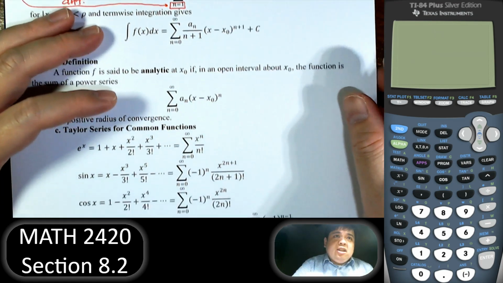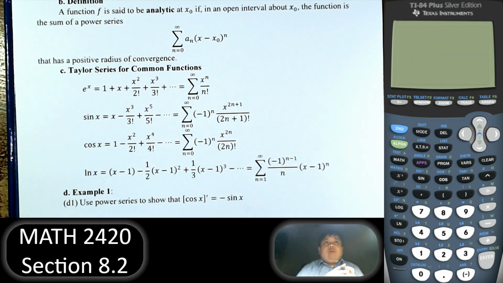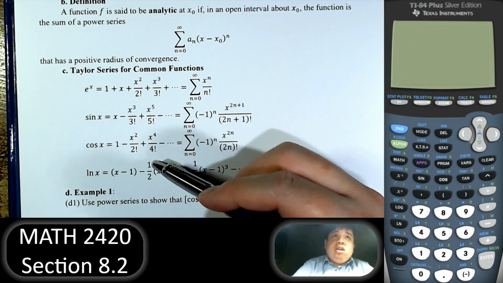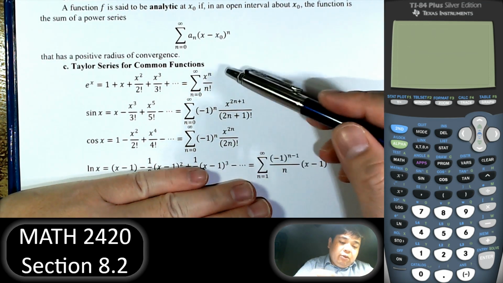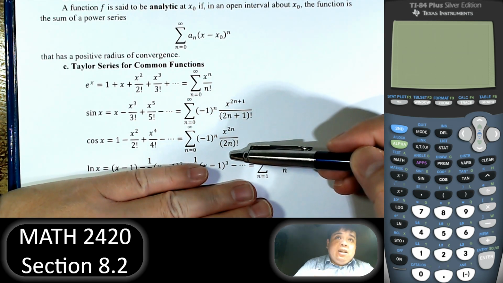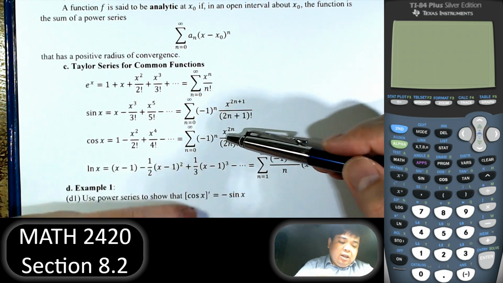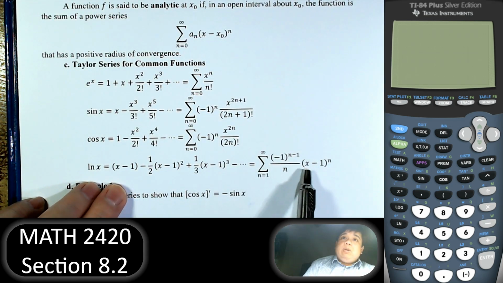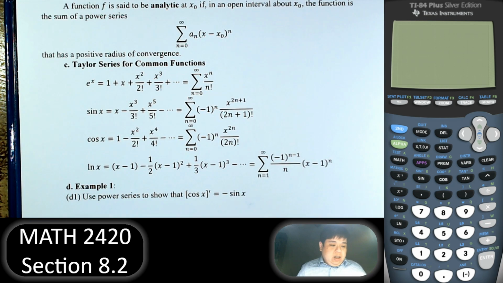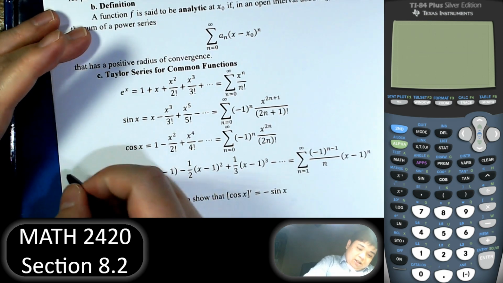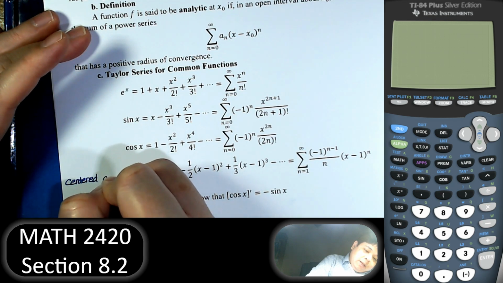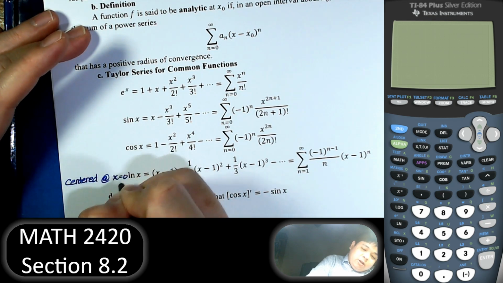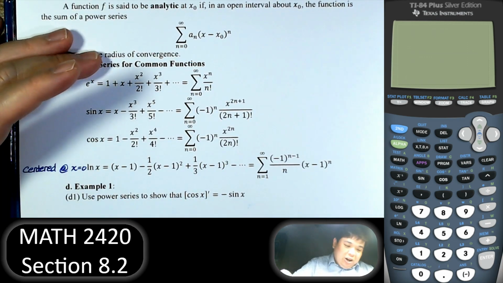We'll revisit this later. But what we have now is some Taylor series, or in this case, for these three, this is the Maclaurin series centered at 0, we just have x. This one is centered at 1 because we have x minus 1 to the n power. So this one, x equal to 1.